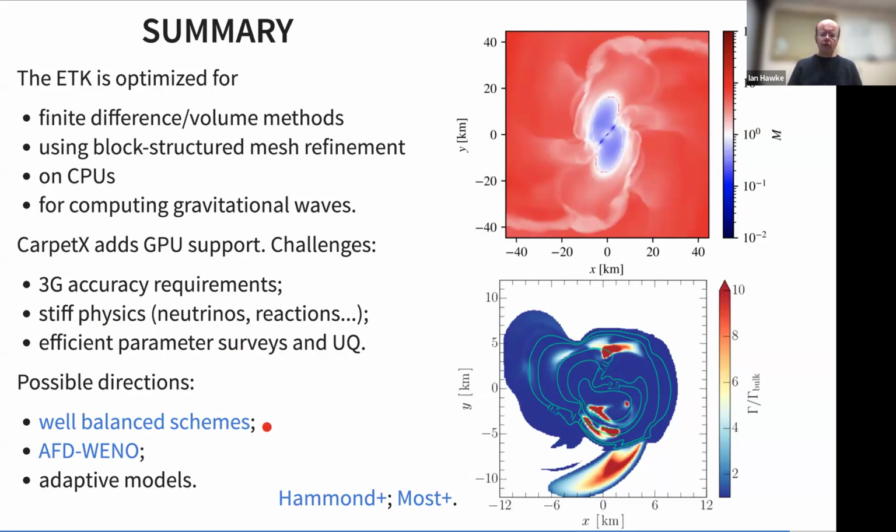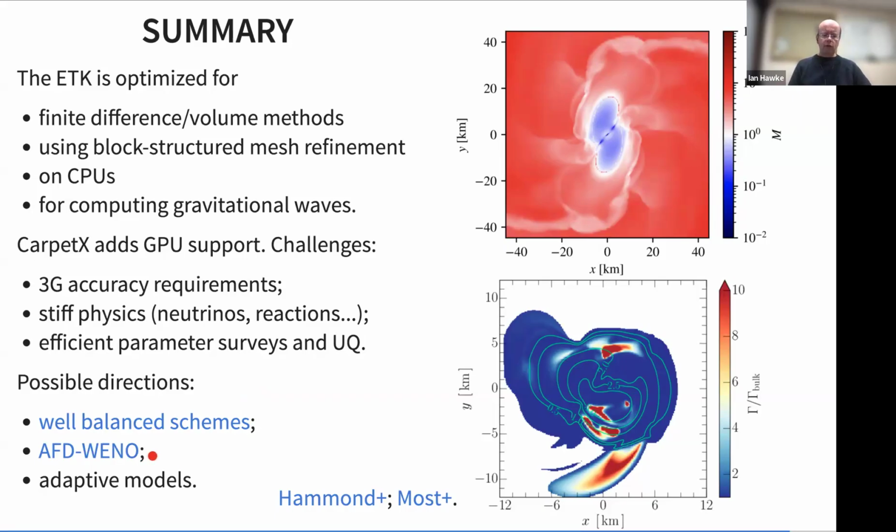I touch on a few potential directions that may be worth looking at. So well-balanced schemes are where your simulation is very close to something that is static in a particular coordinate system. So there's ways of hugely increasing accuracy there. There's a few people that are currently looking at that, not currently within the toolkit, but as something maybe worth expanding on.